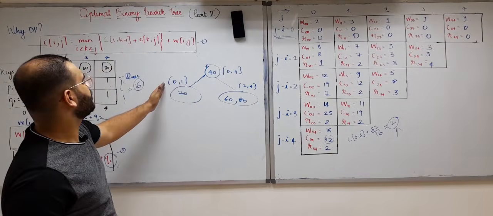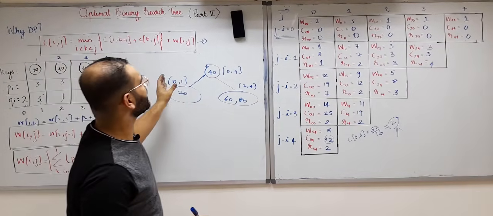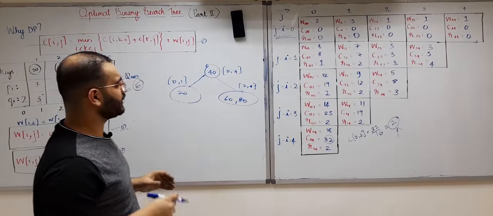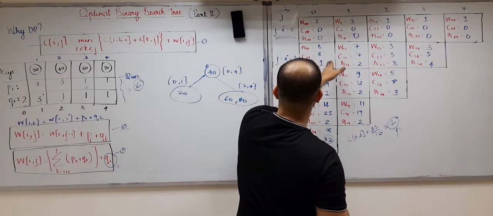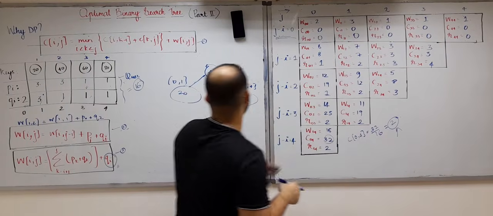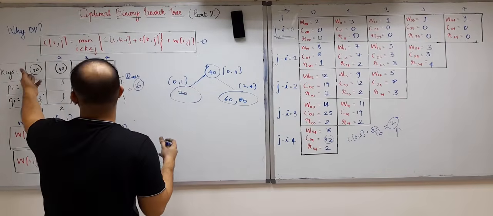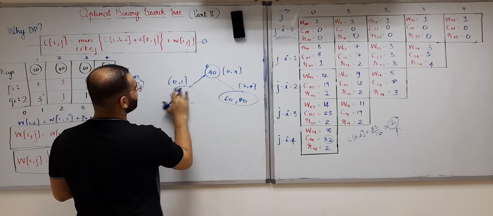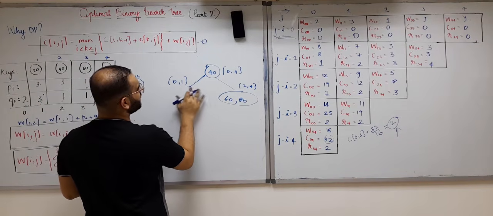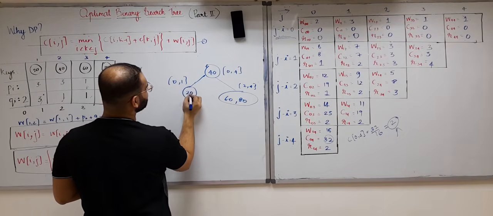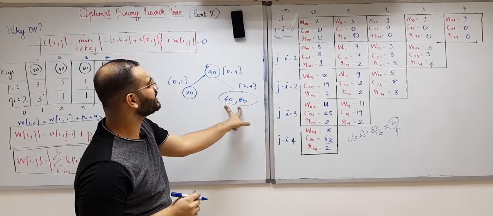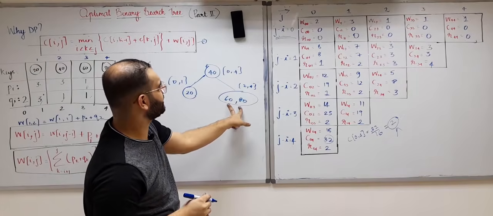So now do we have a cell for 0,1? Yes, we do. And what is the root over there? 1. So the root is 20. Even without looking at the table, as there is only one node over here, we can understand this node will be 20. But what about these two nodes? Which will be the parent and which will be the child?